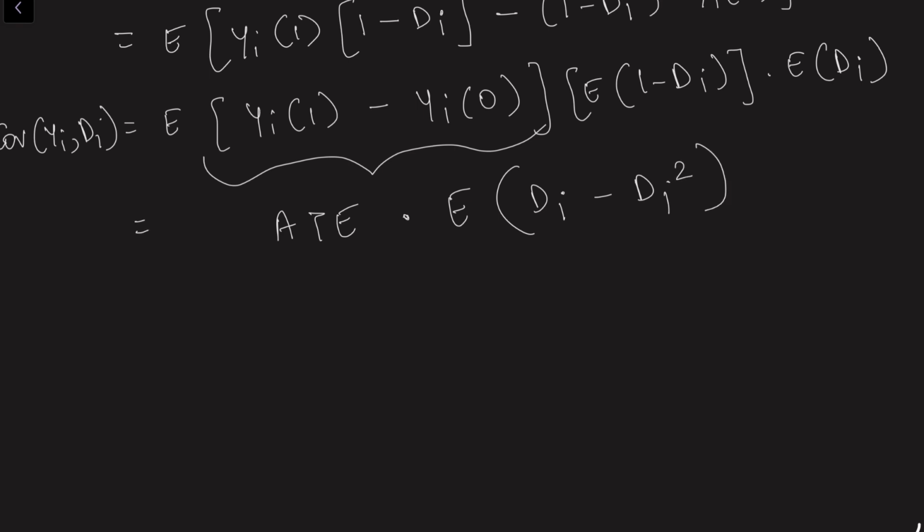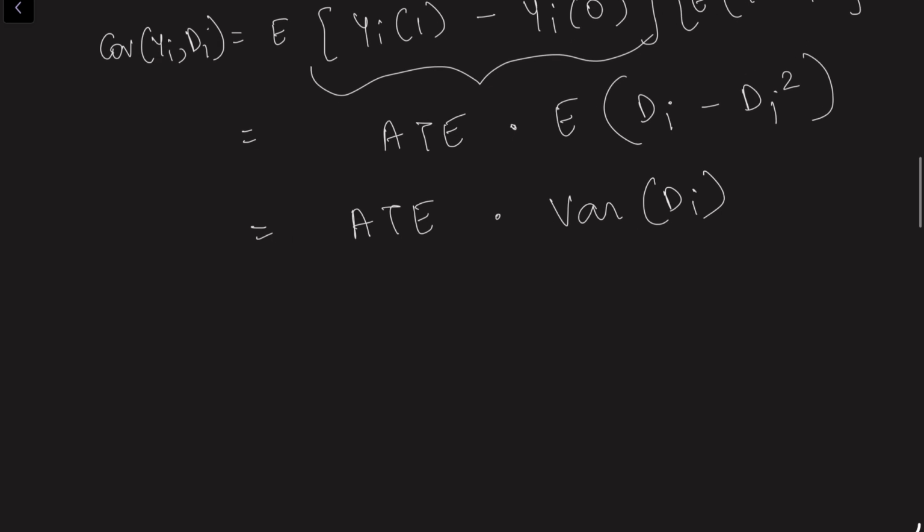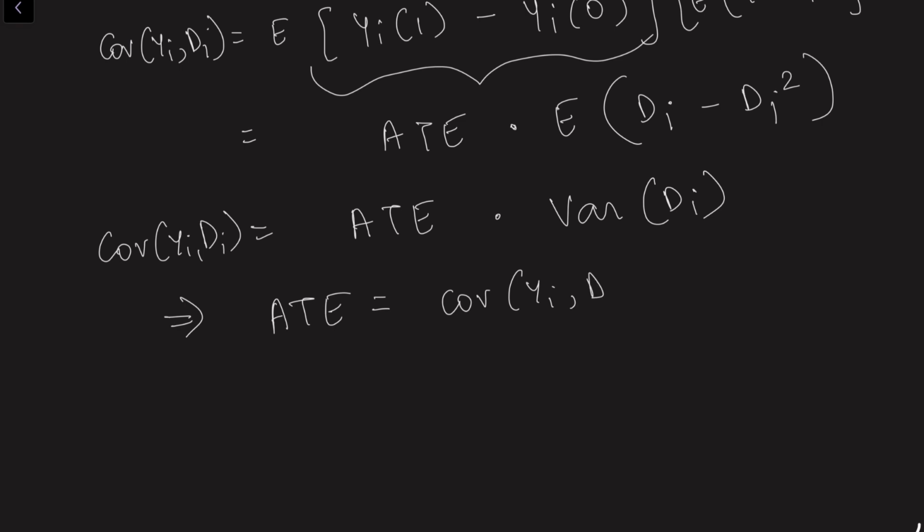And of course, again, this is ATE and this is nothing but the variance of the dummy variable di. Okay, so finally we have that the covariance of yi di is equal to the ATE times the variance of di. So which means that ATE is equal to the covariance of yi di divided by the variance of di.